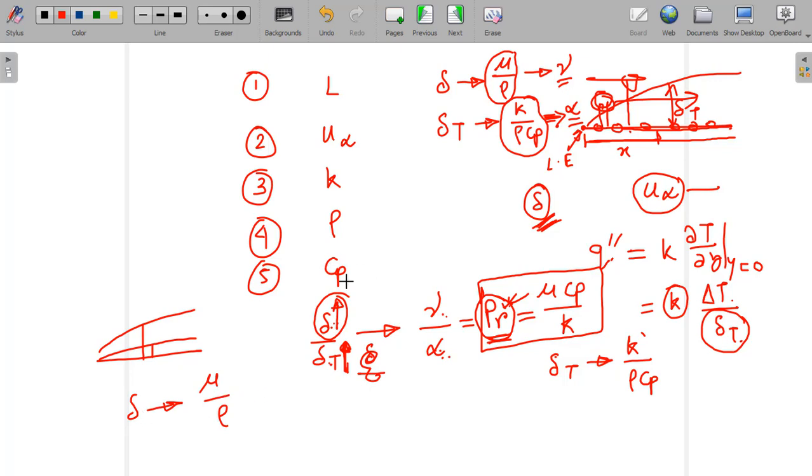So the sixth quantity that we can write is the viscosity, that is mu. So this is another quantity it depends on. Now you can understand that these are the properties on which heat flux depends, and definitely heat flux also depends on the temperature difference.